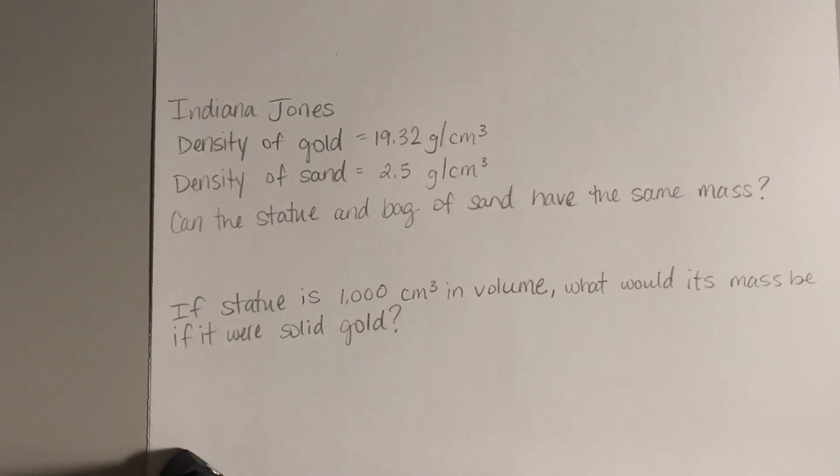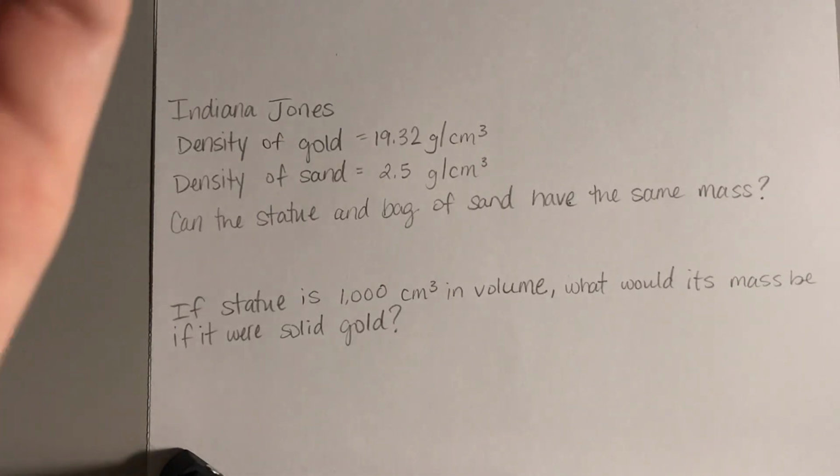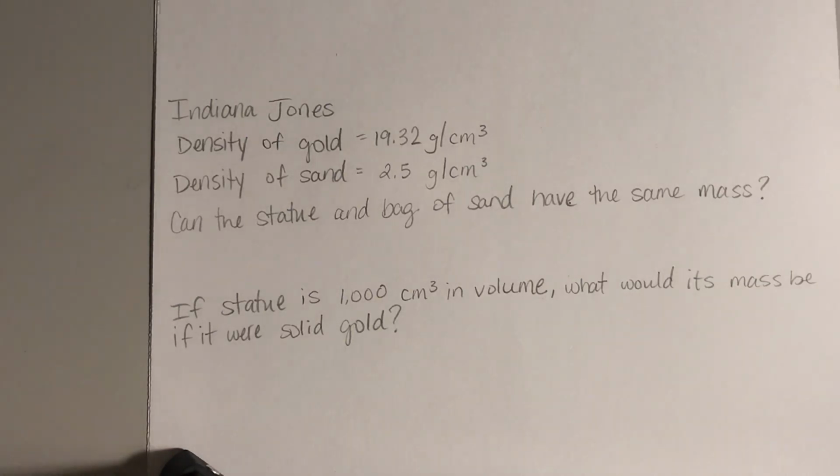Because it's a booby trap, and he's trying to figure out the mass of that idol so that he could replace it with a bag of sand. And he's hoping that that booby trap is going to be tricked and not realize that the idol has been taken. If you watched the video, you saw that did not work.